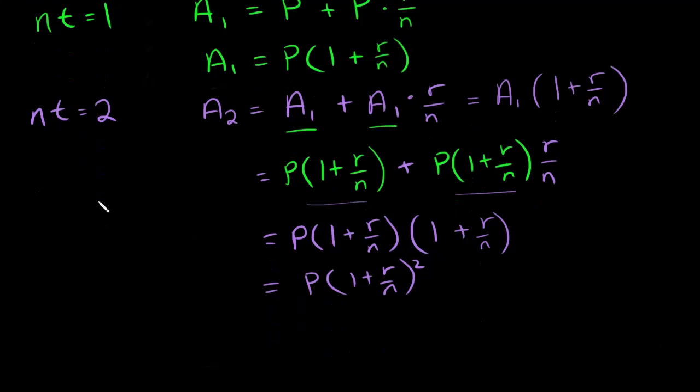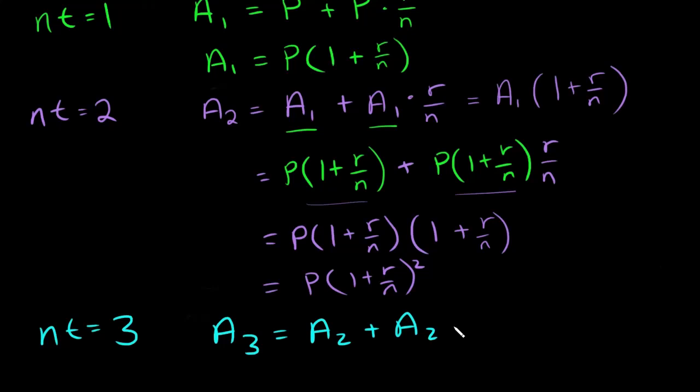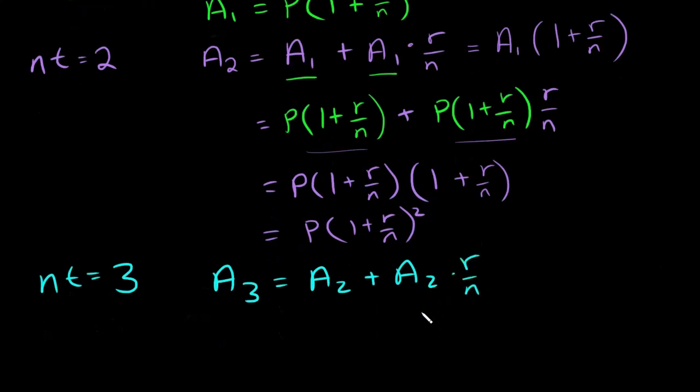Let's do this one more time. Suppose now N times T equals 3. So I'll have the amount that I had previously, A2, plus the amount that I had previously times R over N. That's my interest. Let me factor first, it's a little easier to do it that way. You can see I just pulled out the A2.